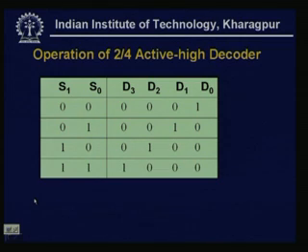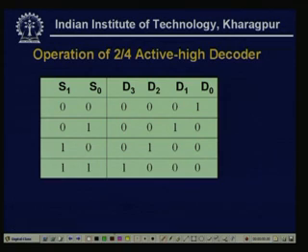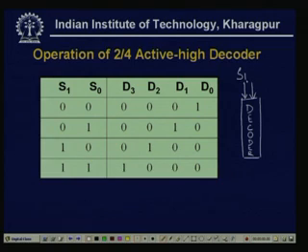Now, if we write the operation, again if I draw that, this is my decoder, with the two select lines S1 and S0, and outputs D0, D1, D2, D3.